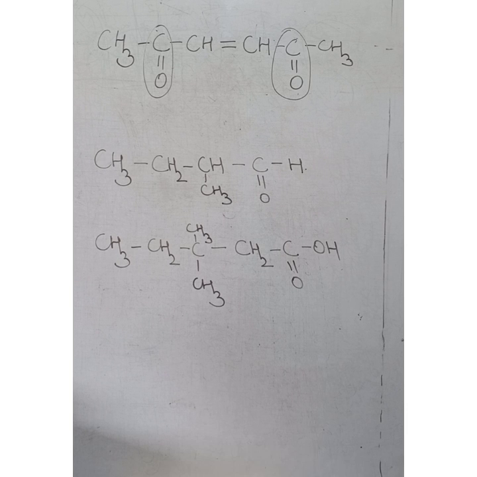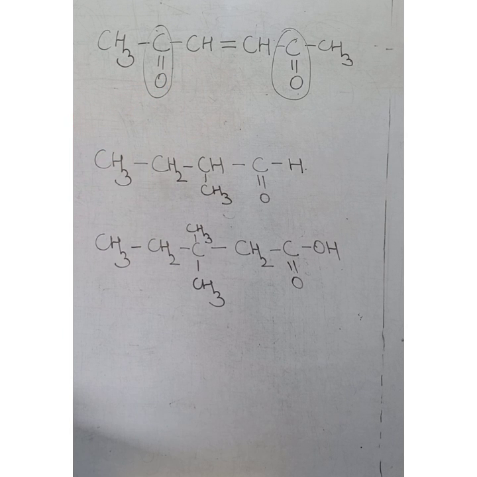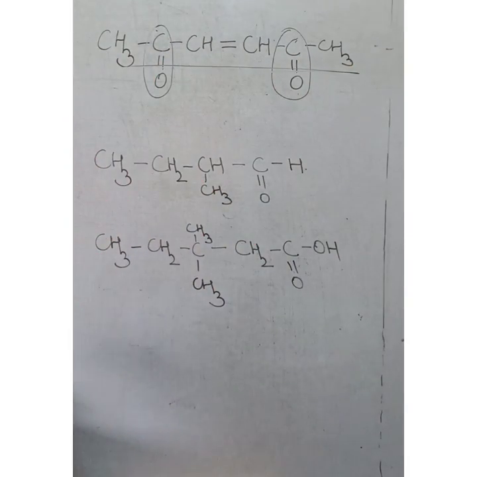So, according to the rule, functional group is greater than double bond, greater than triple bond, greater than substituent. Since a functional group and a double bond are present, first of all, we select the longest chain containing the functional group and the double bond. There is no other chain, only one chain is there, so we have selected this longest chain.